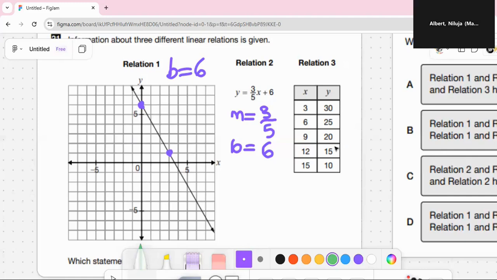First of all, I know I have a negative slope, so it's not going to be the same slope as relation number 2, because I have to go down 1, 2, 3, 4, 5, and to the right by 1, 2, 3. So similar, but my slope is negative over here. My slope is actually equal to a rise over run. So negative 5 over positive 3.